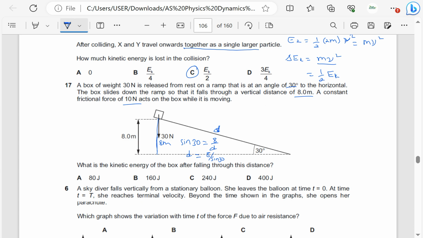Sine of 30 is a half. 8 divided by sine 30 is going to be 16 meters. So the distance from this point to the other point is 16 meters.